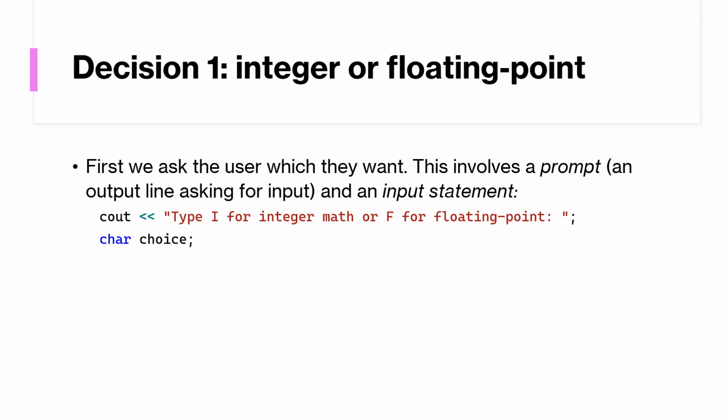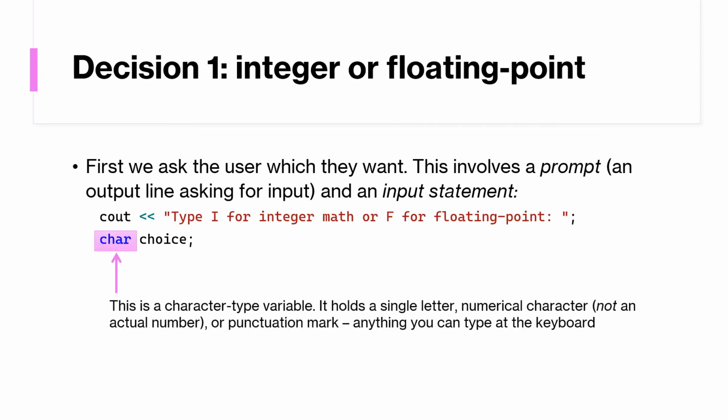Okay, then we have to declare a variable to hold their answer. This is a character type variable, okay? A character is any letter or number or symbol on the keyboard, basically anything you can type at the keyboard, but it's interpreted as a symbol, not as an actual number.